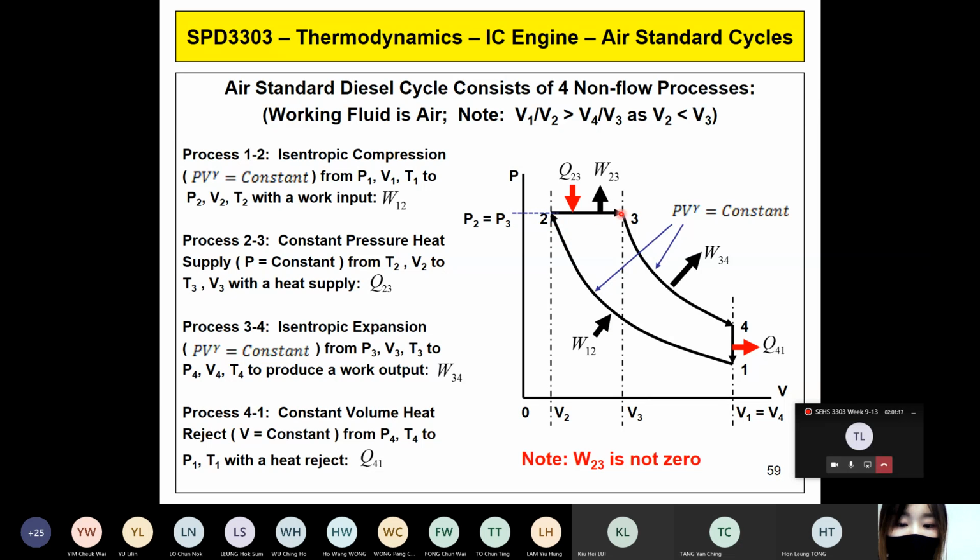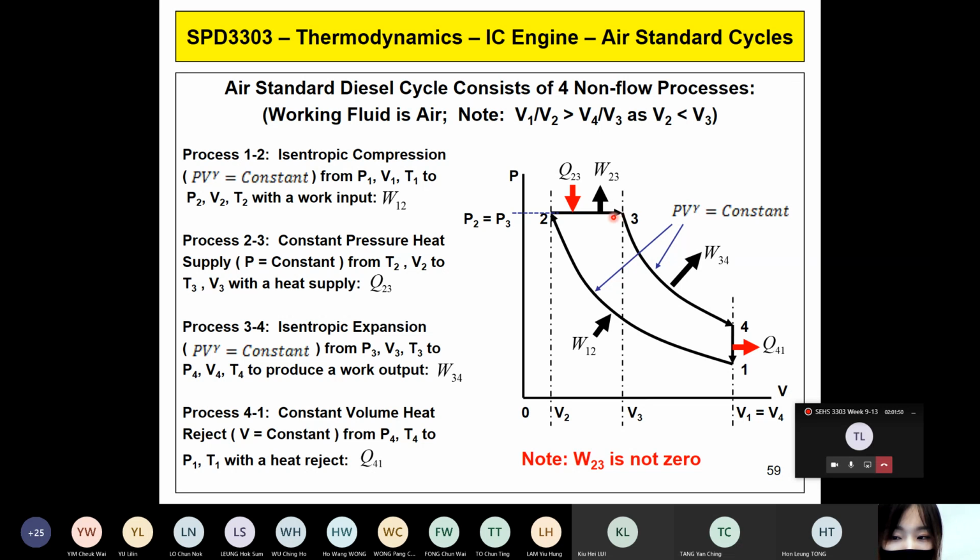Process 2 to 3, constant pressure heat supply. Pay attention here, you have a constant pressure process. It's not constant volume anymore, as in the air standard Otto cycle. That's the major difference of these two air standard cycles. You should always remember that, okay? P is constant, that means P3 equals P2.